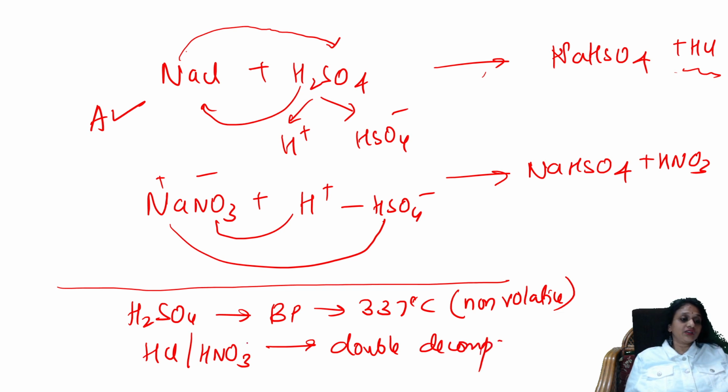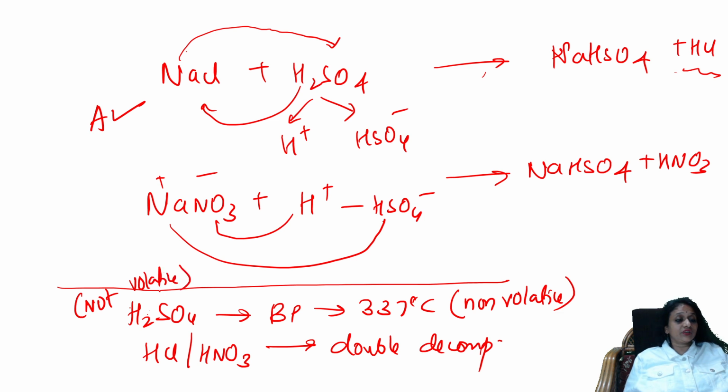So what did they give me? Sulfuric acid is less volatile than... no, the boiling point is more. So sulfuric acid is not volatile. Its boiling point is very high.